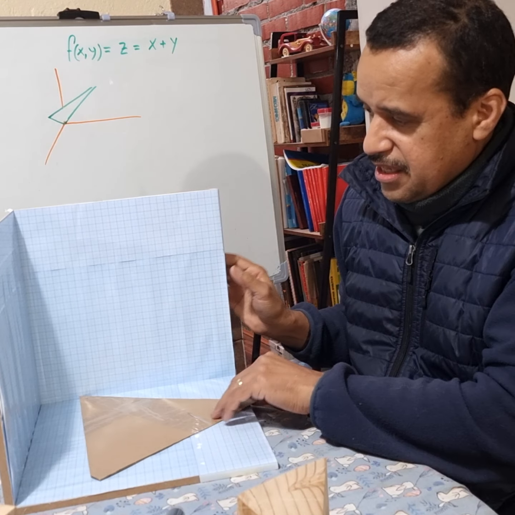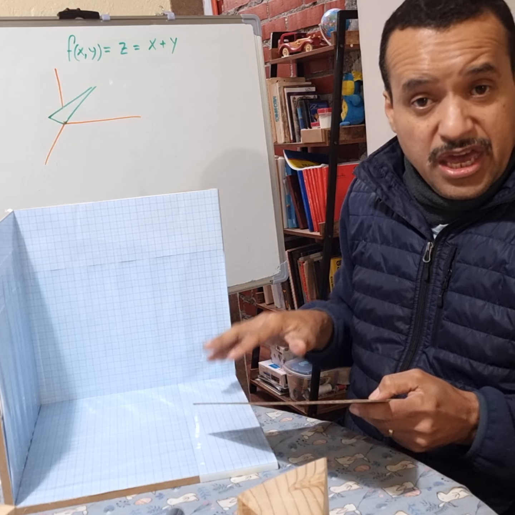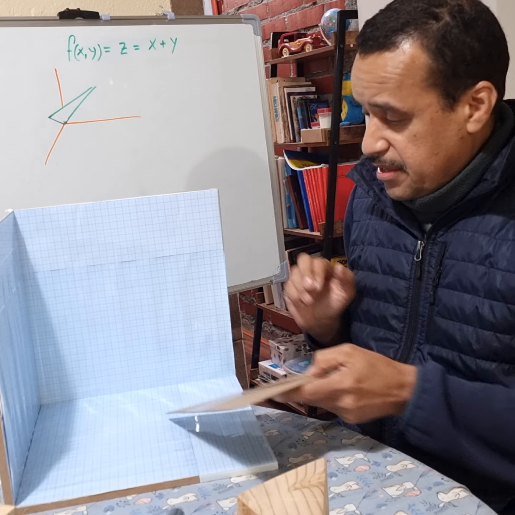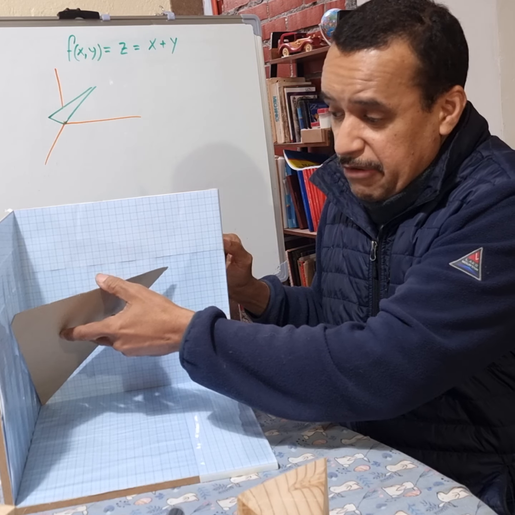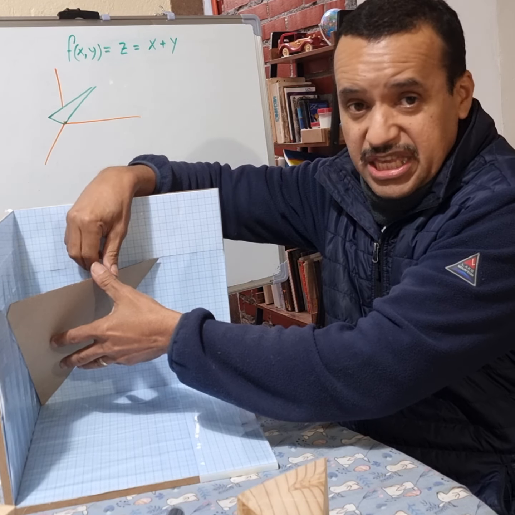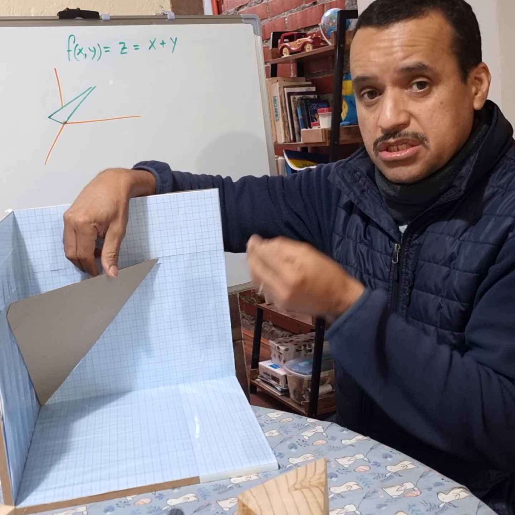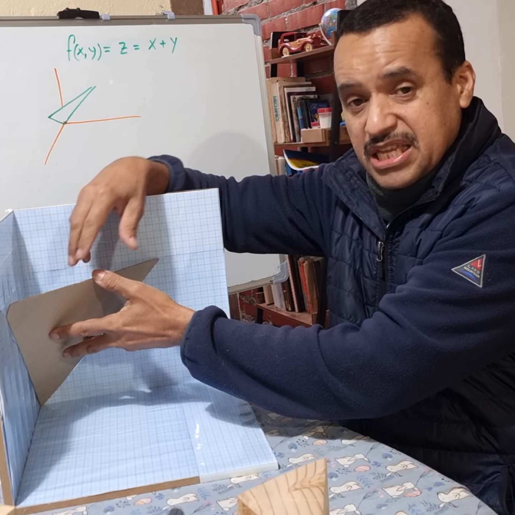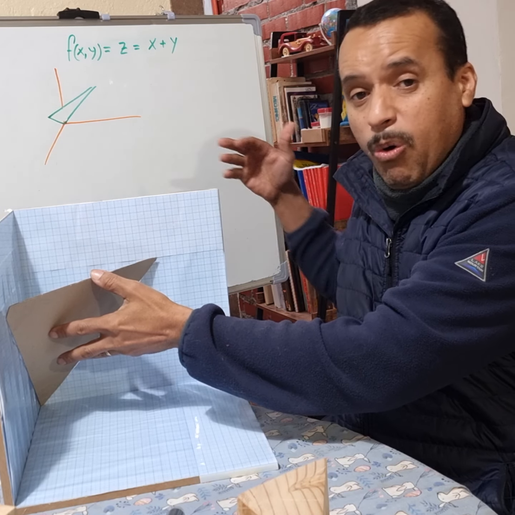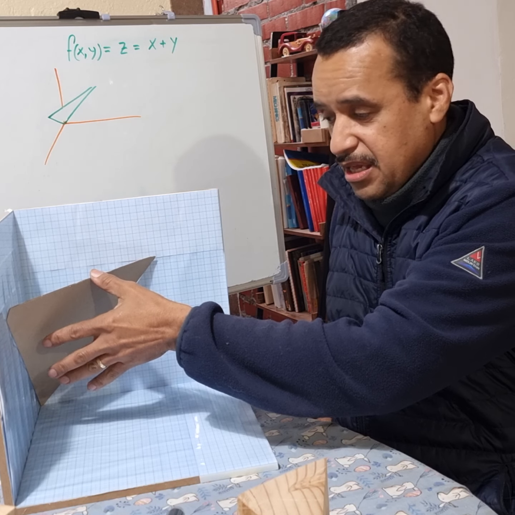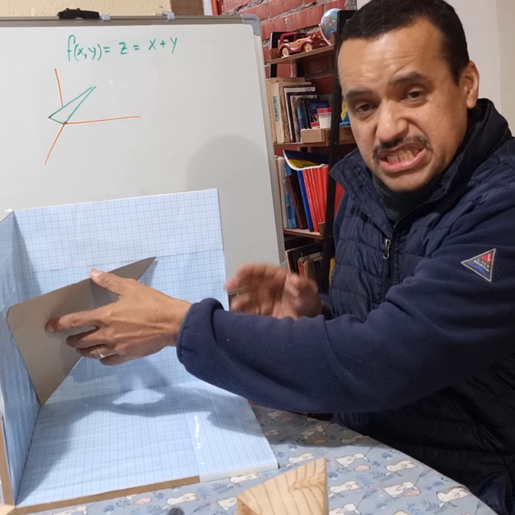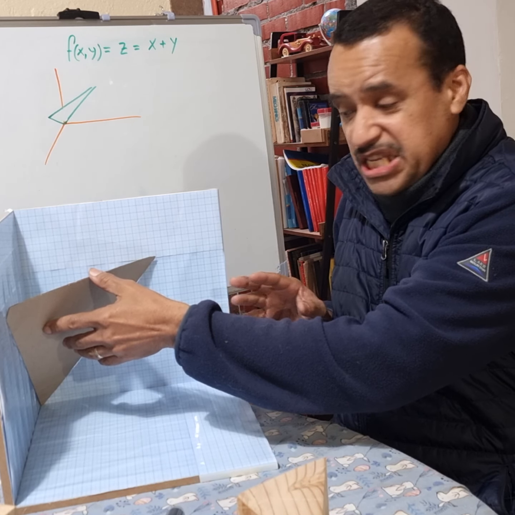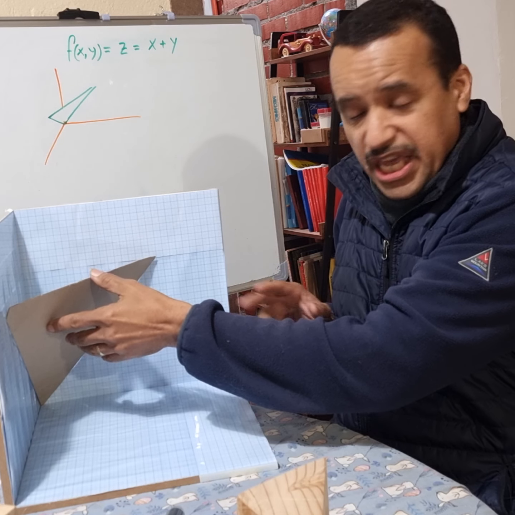As you can see, this is the first octant of the coordinate system, and our function is represented by this surface, by this plane, and you can imagine that plane extending in all directions with the same slope. We only represent the positive part of the three-dimensional coordinate system, the first octant.